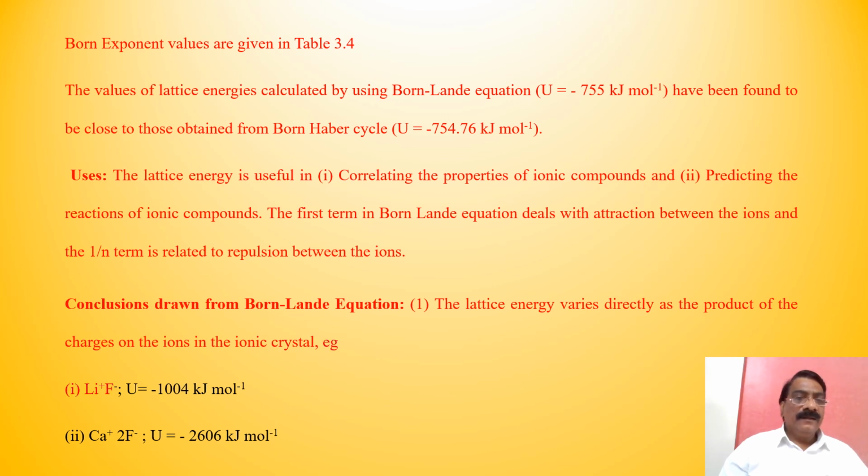For example, Li plus F minus, U is equal to minus 1004 kilojoule per mole, and second, Ca2 plus 2F minus, the lattice energy is equal to minus 2606 kilojoule per mole.